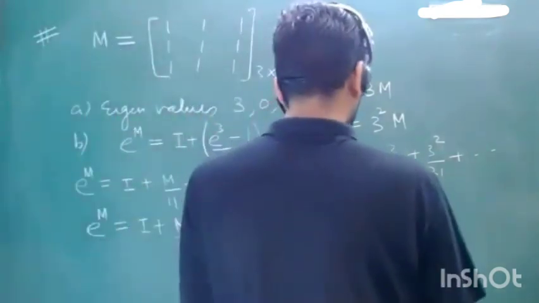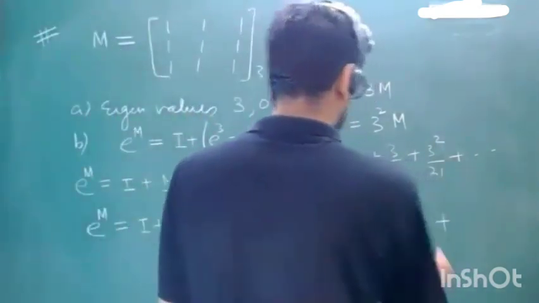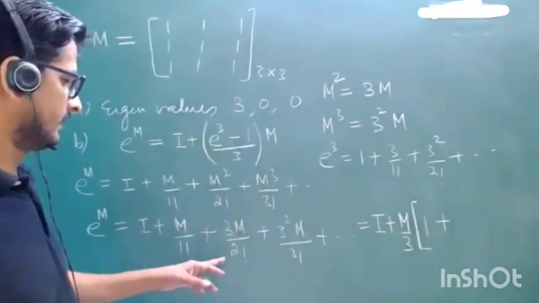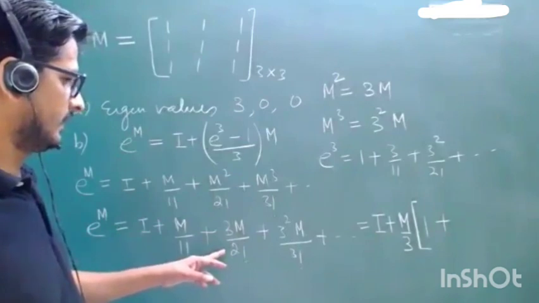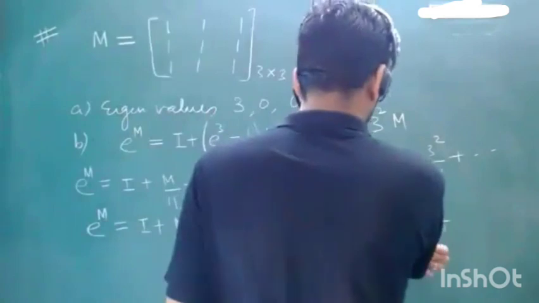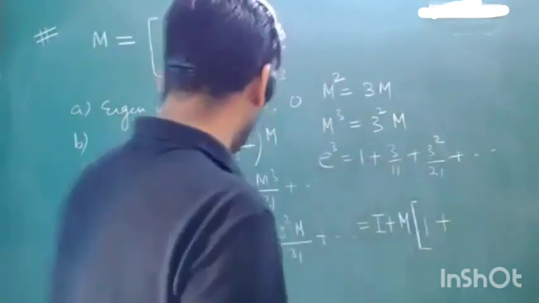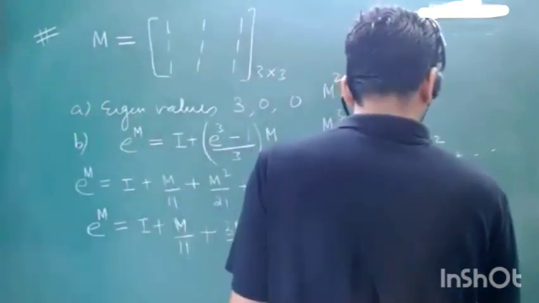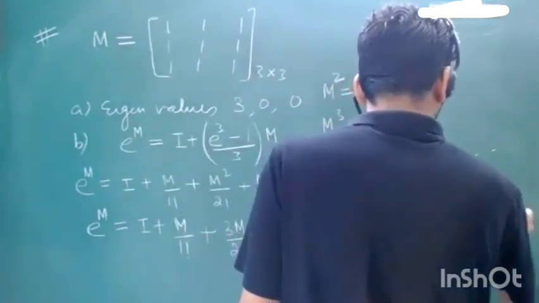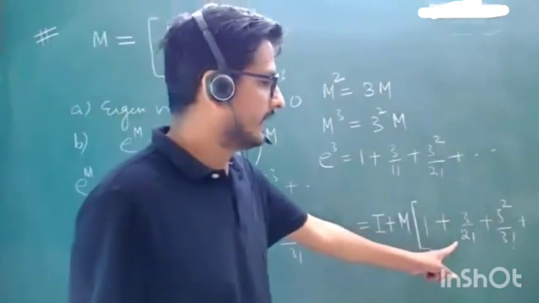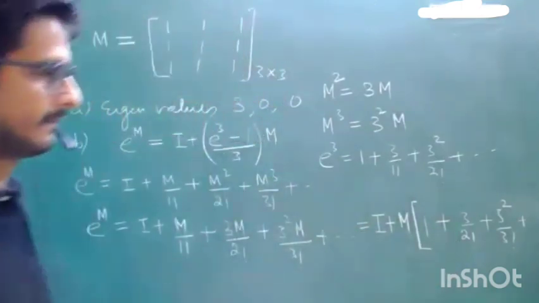So what you can do is you can just take 3 common, and 3 multiply. Just wait, I will write in steps, don't worry. So m taken common, it will become 1 plus 3 by 2 factorial plus 3 square by 3 factorial plus dash dash dash. Now you can see you can get e to the power 3 here.